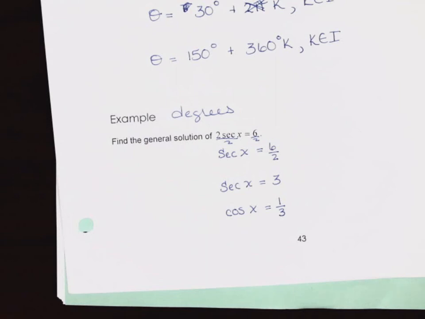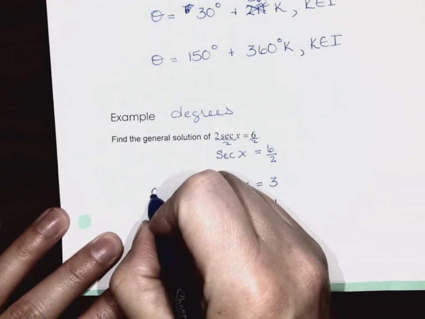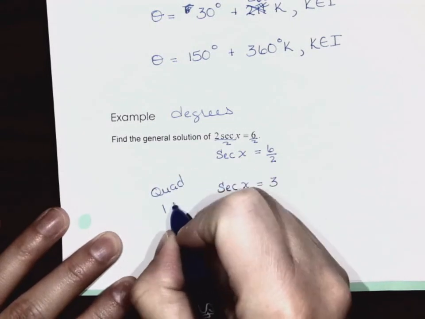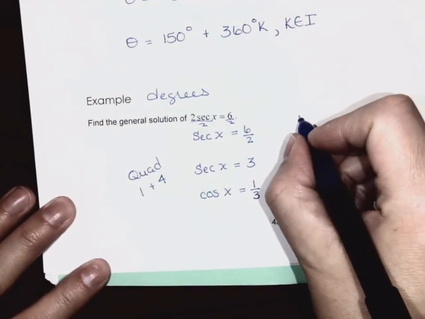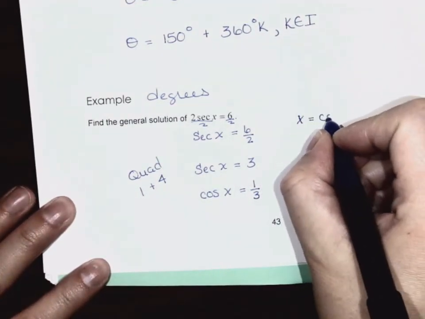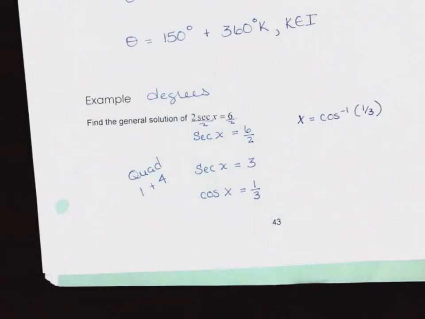Okay, calculator. So where's cosine positive? So quadrants 1 and 4, right? So x is equal to cos inverse of 1/3. Is my calculator in degrees? Yes, it's in degrees.